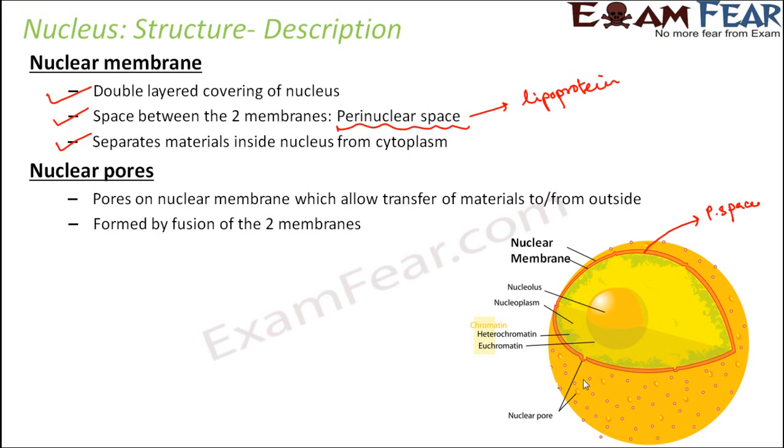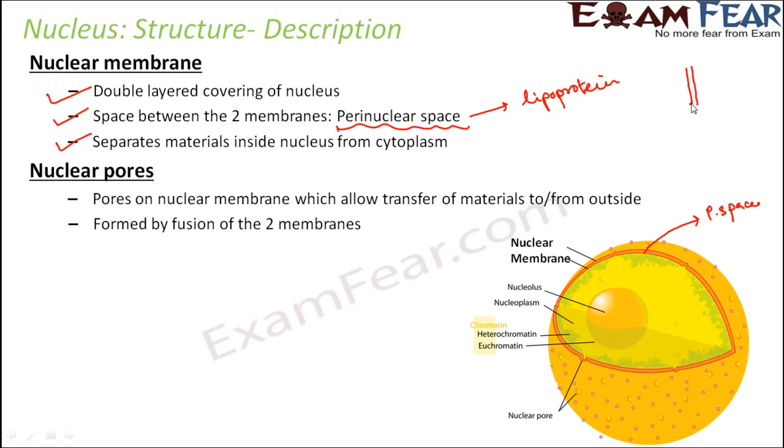This nuclear membrane, however, is not continuous. When we talk about the nuclear membrane, it is interrupted by these pores. Now, when we talk about this pore, what happens? Suppose this is the outer membrane and this is the inner membrane.